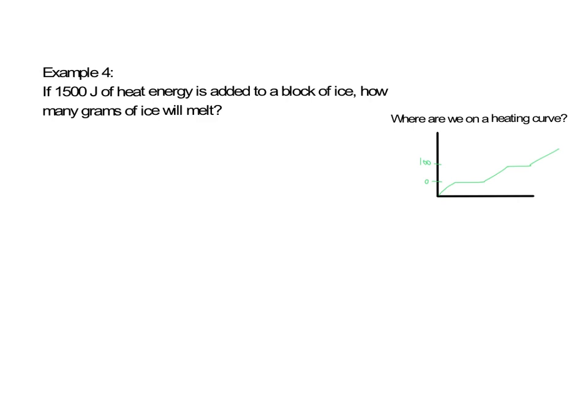Now the next one, we're still dealing with water, because we see that it's ice. If you think about your heating curve, I know 0 and 100 are going to be those temperatures that we melt and freeze. And if we're talking about melting, I know we're talking about a phase change, and melting is that bottom flat line there. So Q equals, in this case, mHF, since we're dealing with melting.